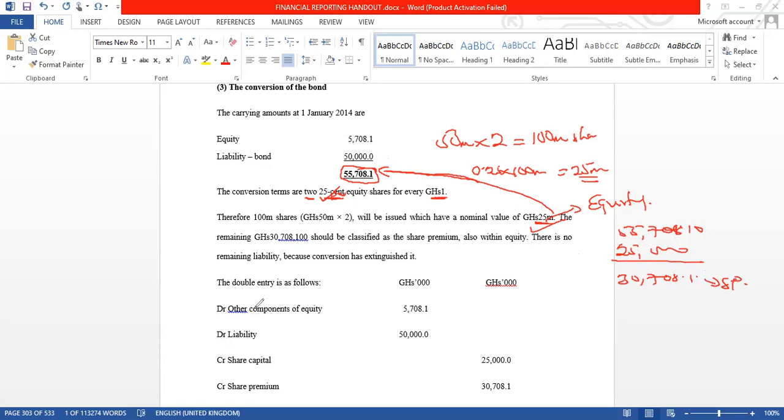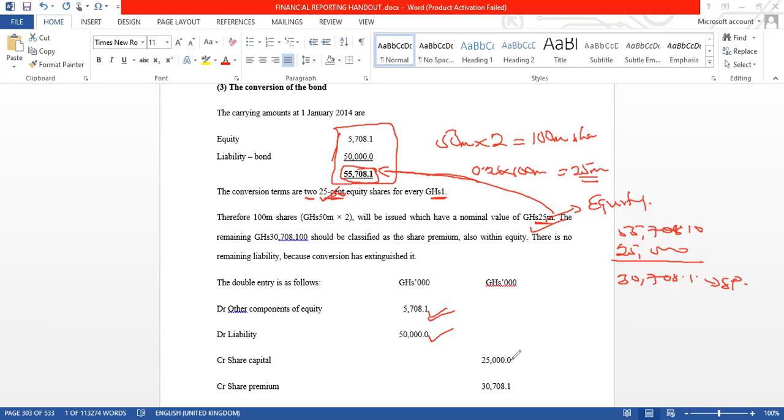All right. So if you see the entry here, we have the initial, what you see here, for conversion. That is what you see. Other equity component, that is what you see.